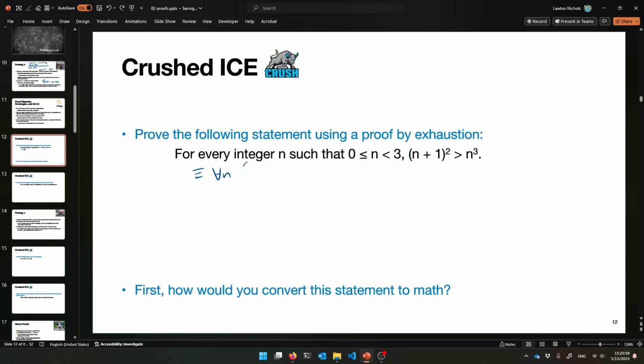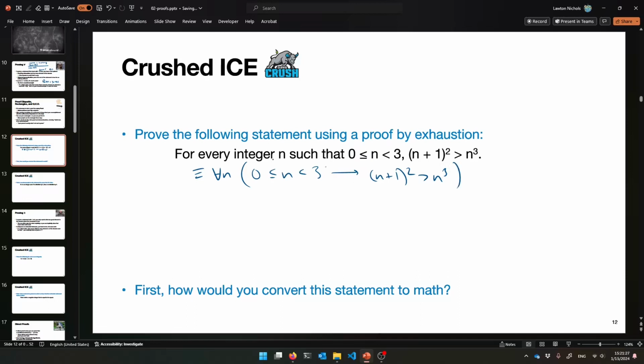For all n, if n is between 0 and 3, or 0 and 2, really, assuming that they're whole numbers only, integers only, right? For every integer n, if this is true about n, then we're trying to show that this is true also: (n+1)^2 is greater than n^3. See that? So that's your statement.